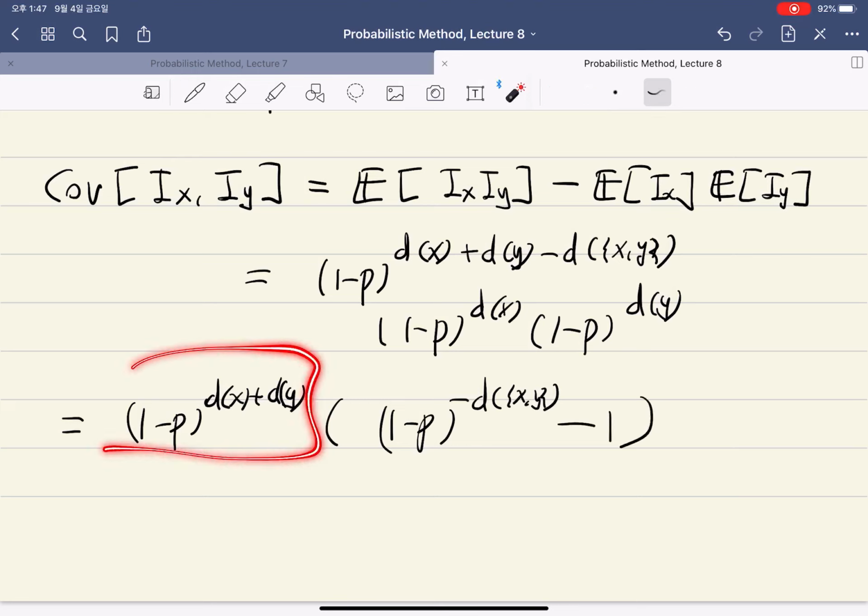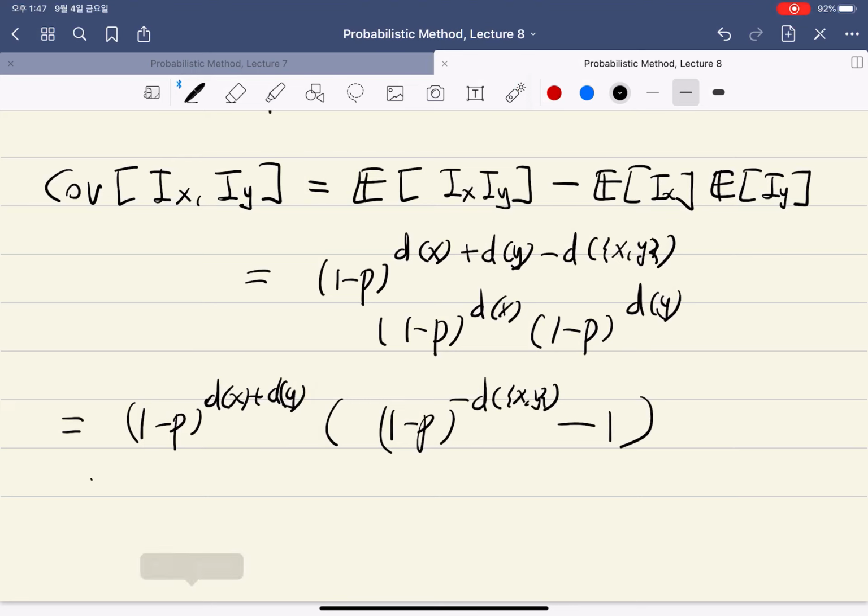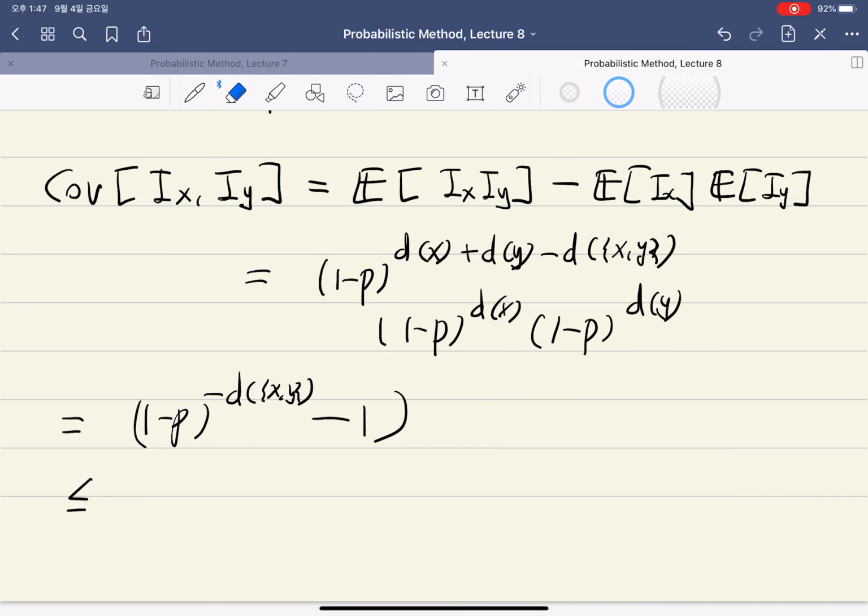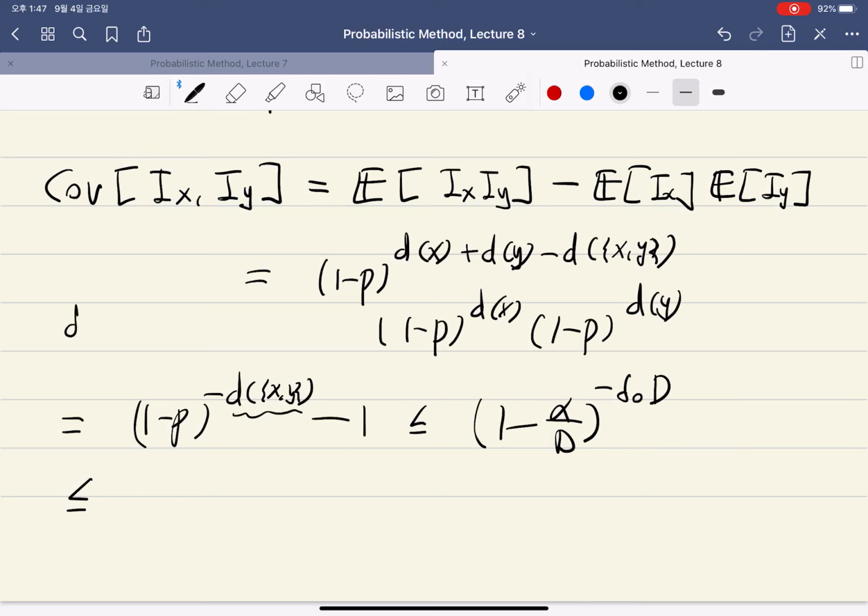And this part is simply smaller than 1, so you just delete this and put this as an upper bound, and that's 1 minus alpha over d to the d minus delta 0 d, because this co-degree we know is smaller than delta 0 d.